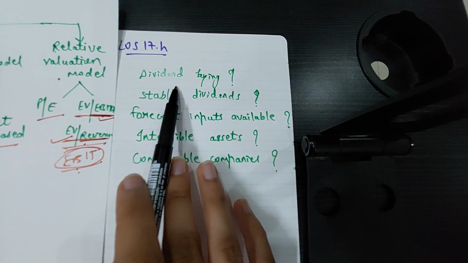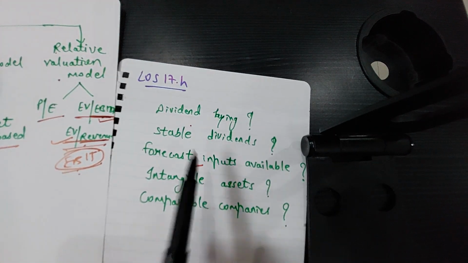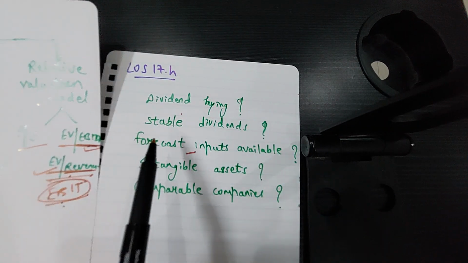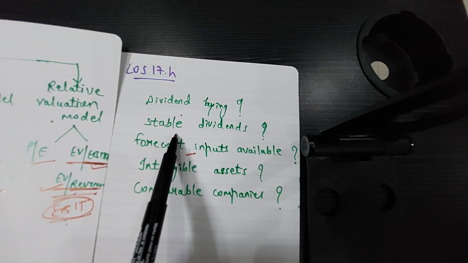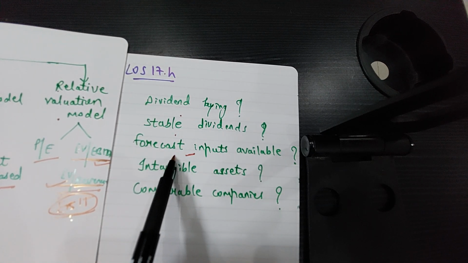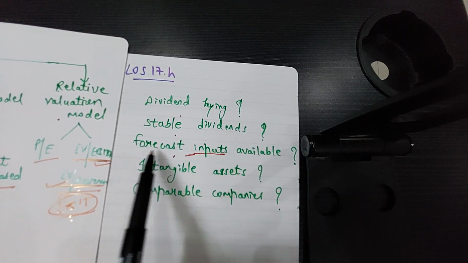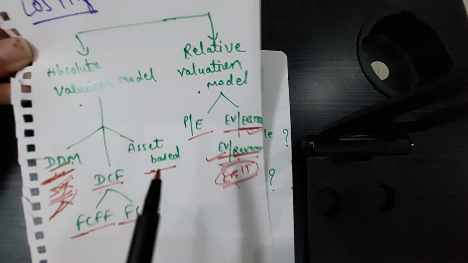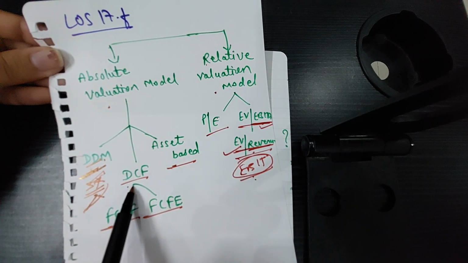Does the company pay dividends? If yes, then the dividend discount model is possible; otherwise DDM wouldn't be possible, and the dividends should be stable. Then, are the forecast inputs available? Do you have the inputs to forecast the financial statements? Then only your DCF method will be possible.